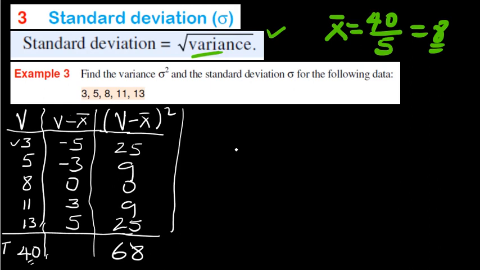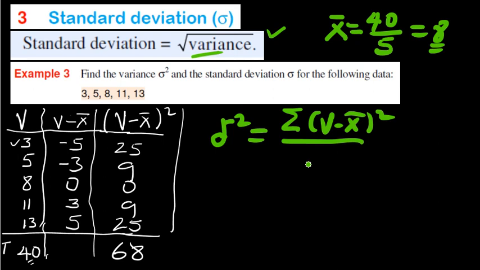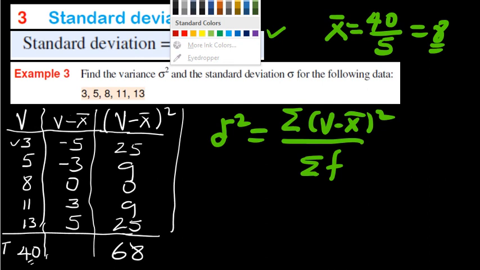Once we have everything here, we can now find the variance. The variance sigma square is equal to the sum of x minus x bar, the whole square, over the total frequency. The total frequency is 5 data only, because as we said before, each of the data appears just once.